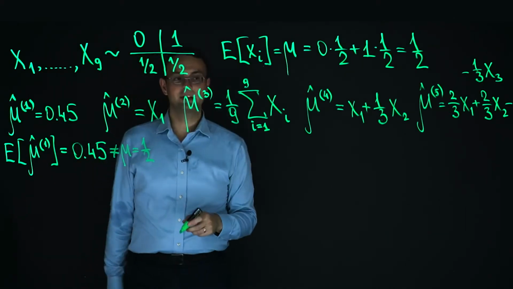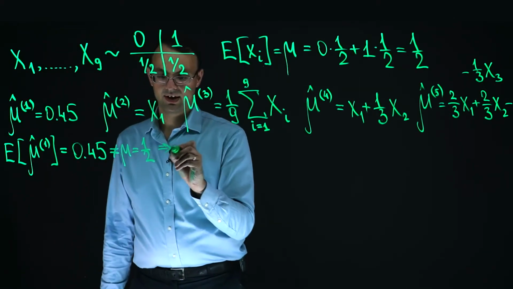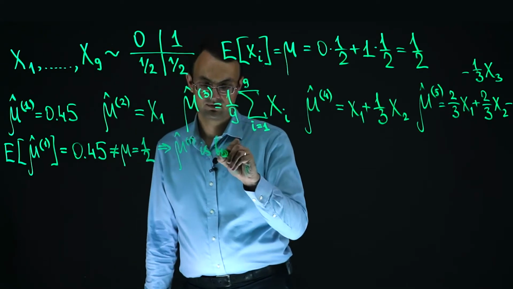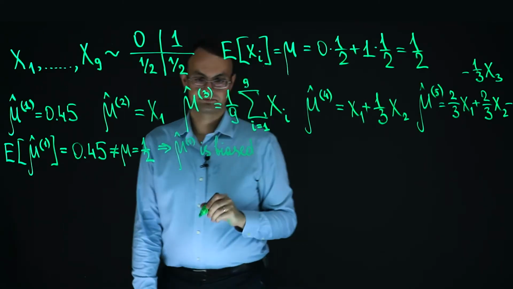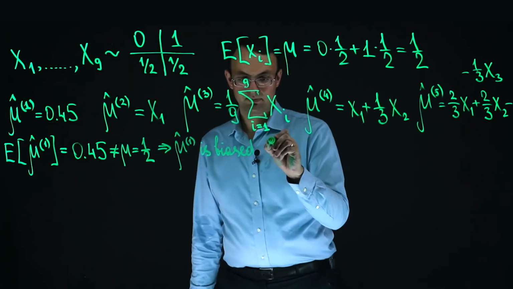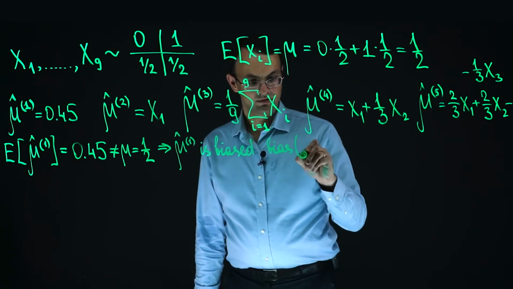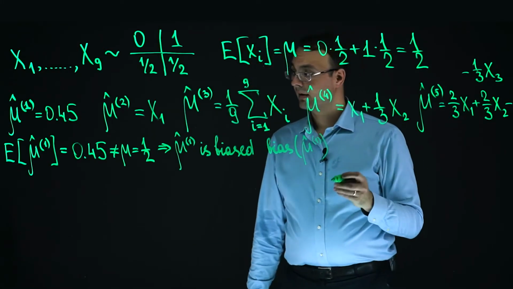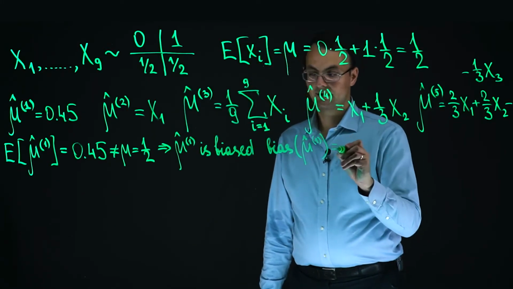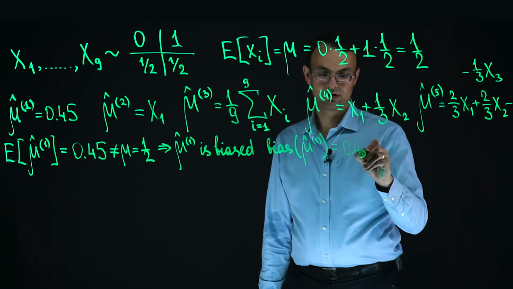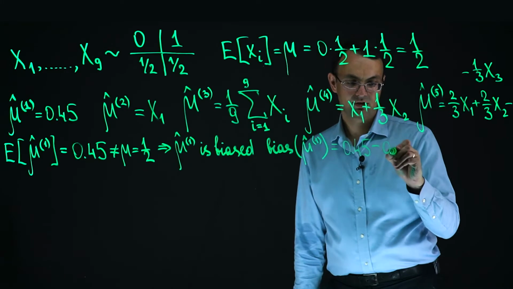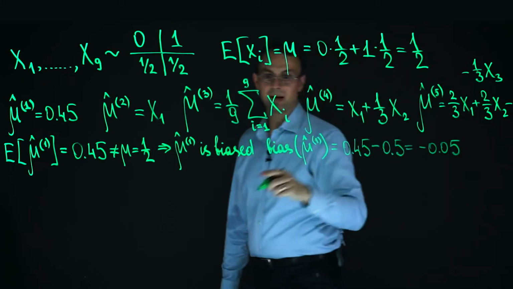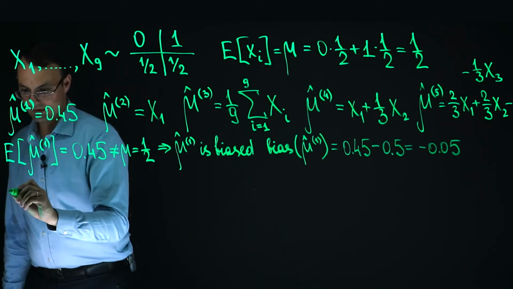So this estimator is biased. That means that mu hat 1 is biased, and its bias is the expected value minus mu, 0.45 minus 0.5, and this is minus 0.05. This is the bias.